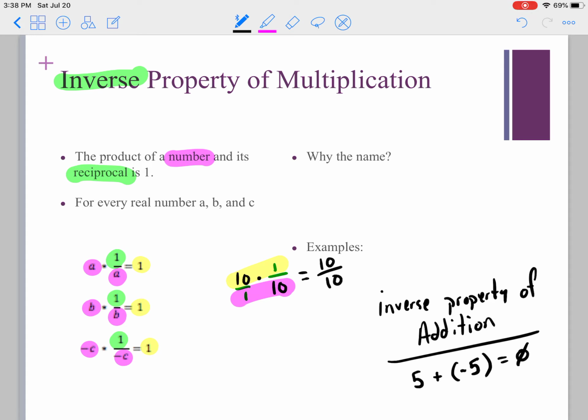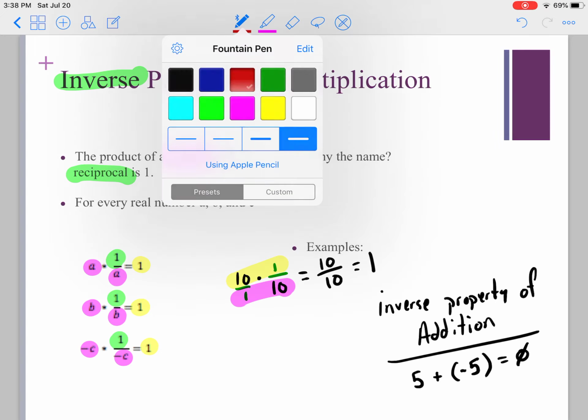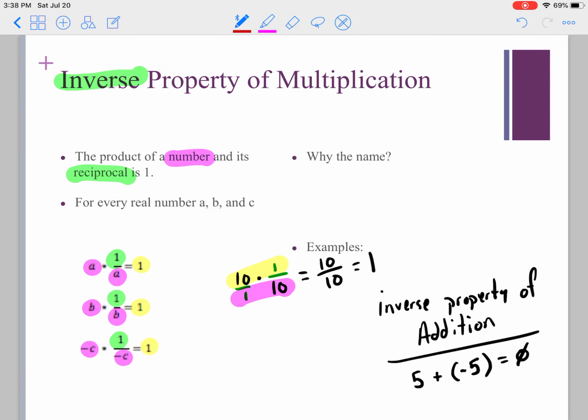There's the commutative property. 10 divided by 10 is 1. And so that shows how we're using the inverse property. Now I want to give you another example that does not involve a 1, because we can use this with any reciprocal.